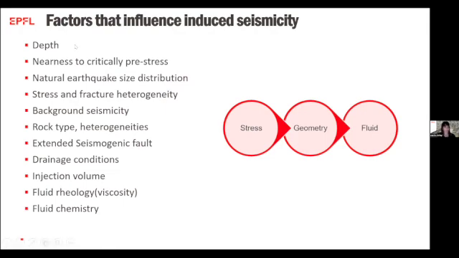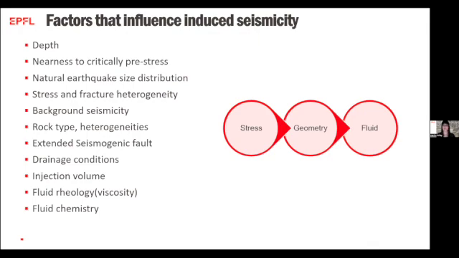So in terms of stress, the parameters that control the induced seismicity are depth, the nearness to critically pre-stressed conditions, the natural size distribution, and in particular the B-value of the Gutenberg-Richter law, the stress and fracture heterogeneity, and the background seismicity. In terms of geometry, of course, the rock type and the heterogeneities influence seismicity a lot.